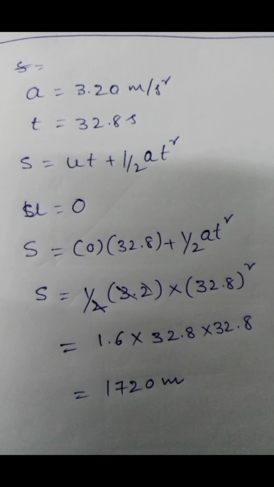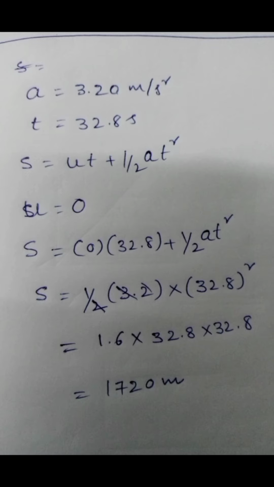s equals ut plus half at square. This is the formula we use here. Initially the aeroplane is at rest, so the initial velocity is 0.